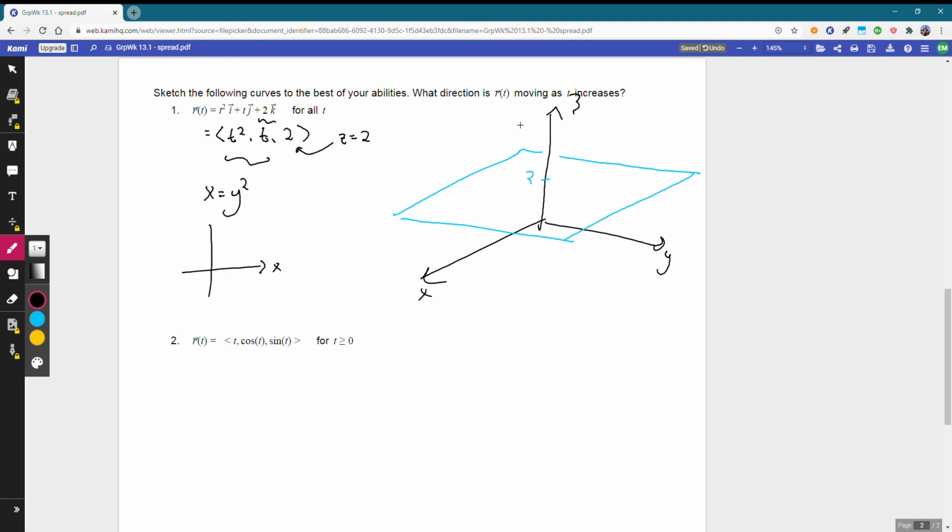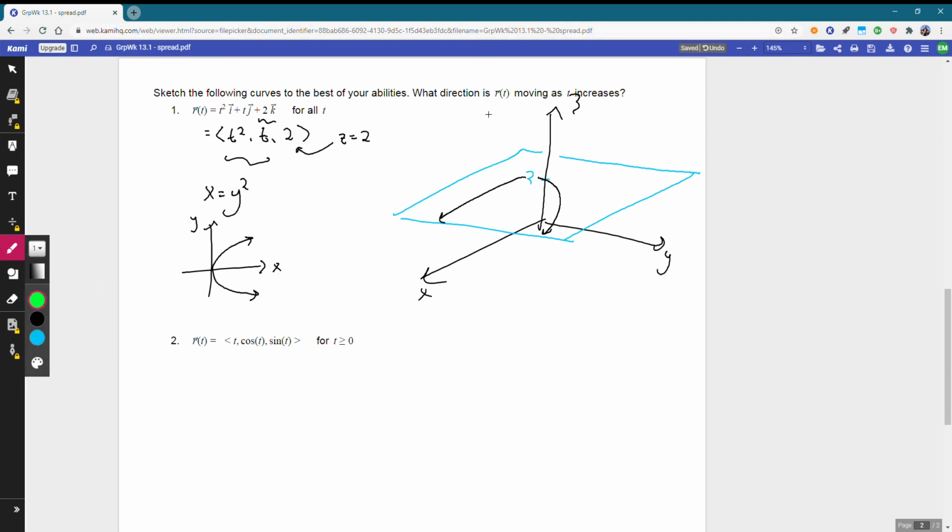And so in the xy direction, this is a sideways parabola. And so that's going to look like this over here in our picture. This is opening up in the x direction. It's going to look kind of like this, all inside the z equals 2 plane.